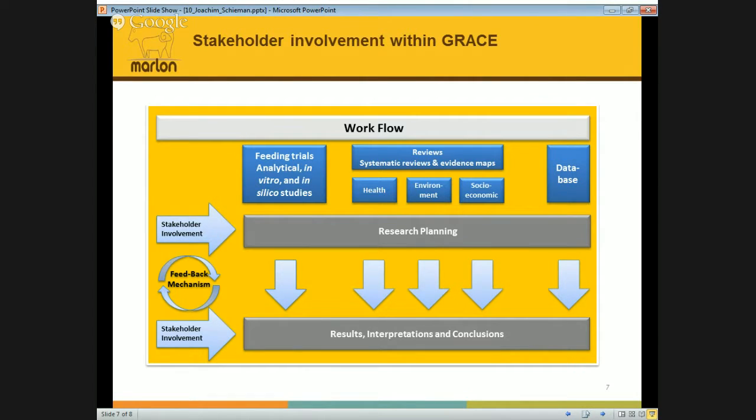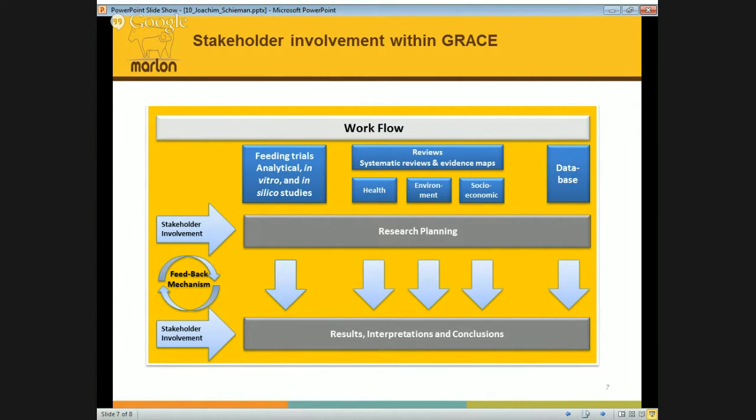Then we have been discussing the data. We have been discussing also the interpretation of the data, those data which are published now. And of course, stakeholders will be involved also in discussing further results and in providing interpretations and conclusions.